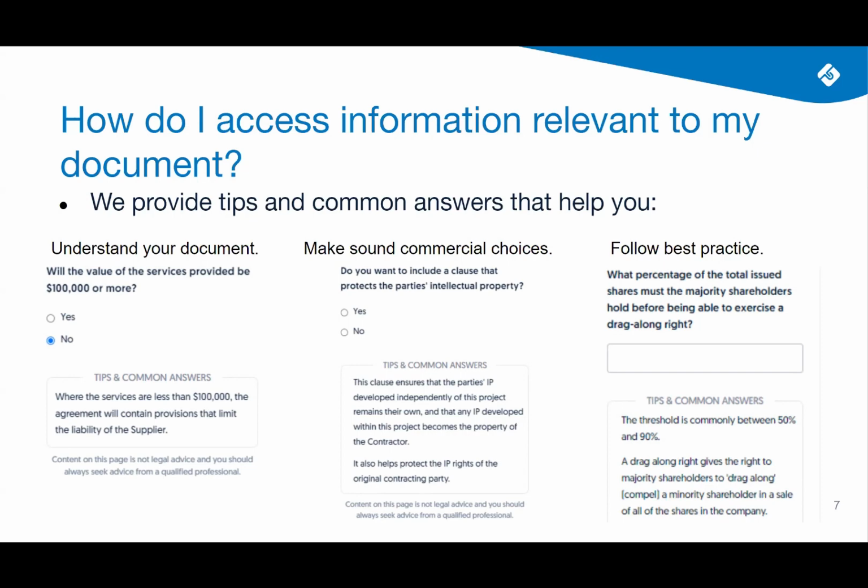So for instance, this question triggers an intellectual property clause. It's important for you to know what the difference is between the two types of intellectual property clause and how that may create consequences for the parties.